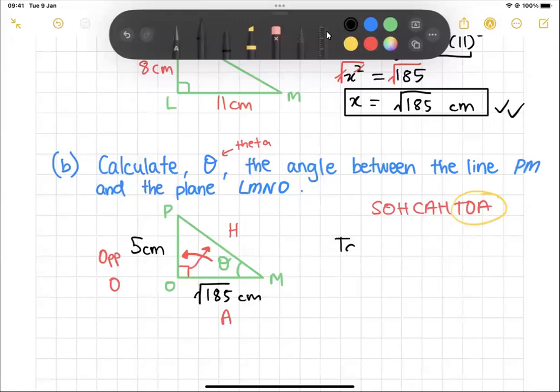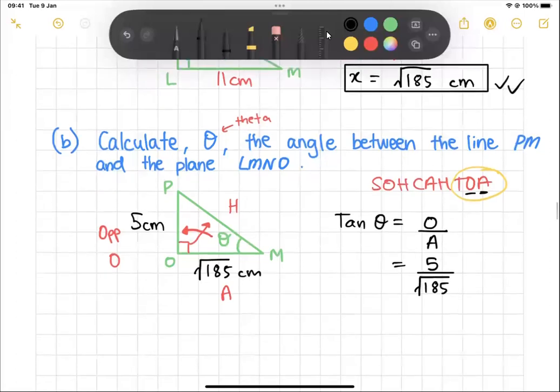Tan theta equals, using my SOHCAHTOA, O over A. My opposite is 5, looking at the diagram, over A, which is the square root of 185. Again, how do I find my angle? Theta equals, the opposite of tan is tan to the power of negative 1.